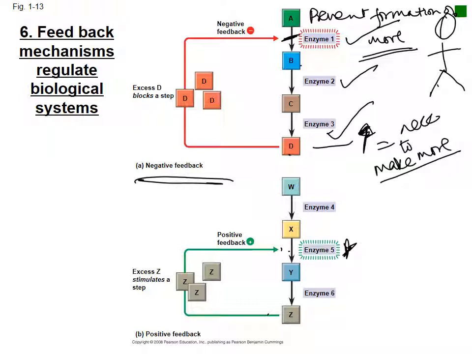Now, supposing chemical A, an enzyme 1 is acting on it, making it into chemical B. Then enzyme 2 is acting on it, making into chemical C, then chemical D, and so on. So once this is happening, and I have a lot of it being made, is it really necessary to make more?